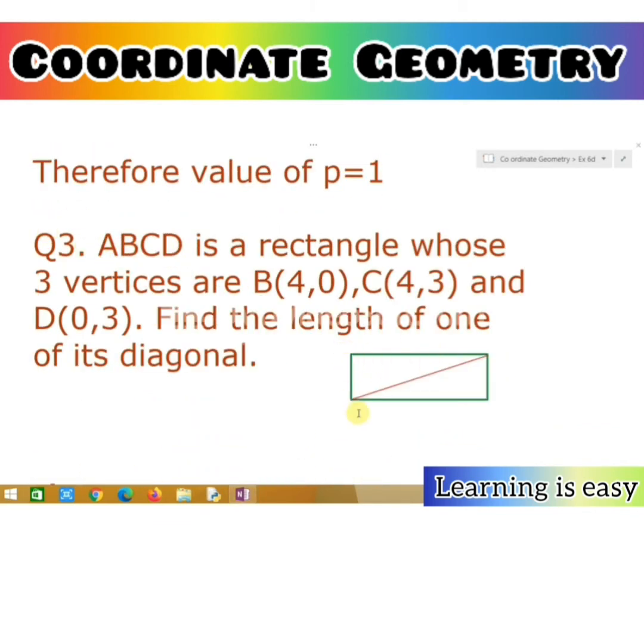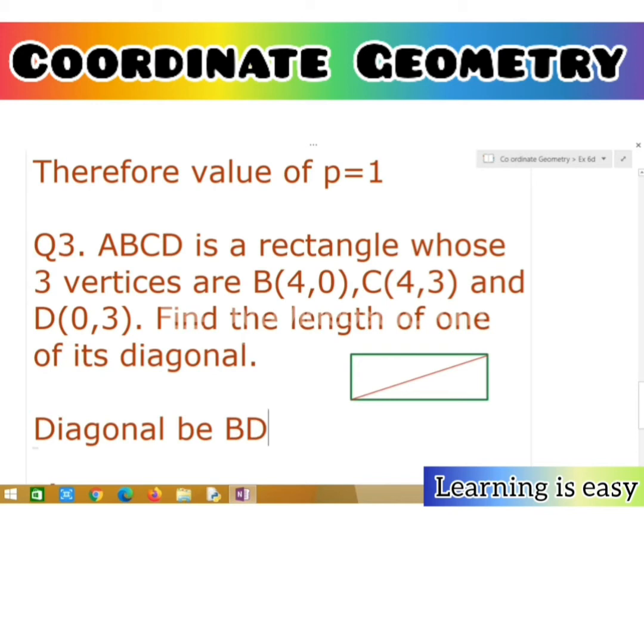Next question 3, ABCD is a rectangle whose 3 vertices are given. Find the length of one of its diagonal. So let's take BD as a diagonal. So we know B, C and D coordinates. So with that we can calculate length of BD.